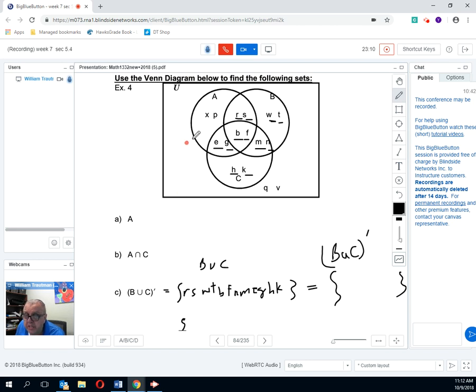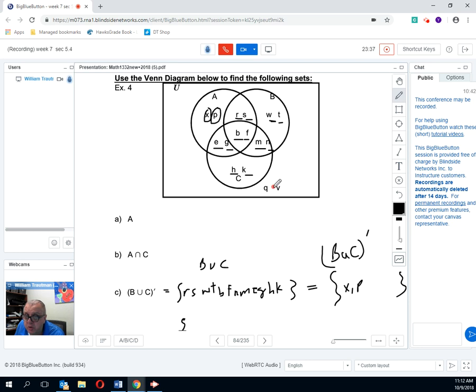We're looking in the universal set for the letters that are not in B union C. In other words, not in B or C. E is, G is, B is in B, F is in B. So do you see X and P are not in B or C?